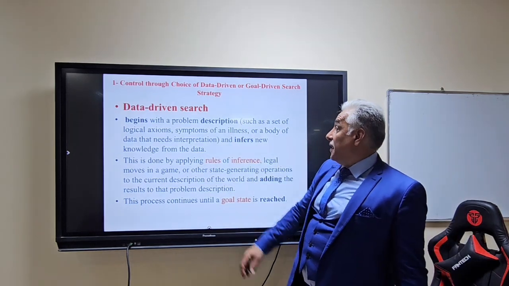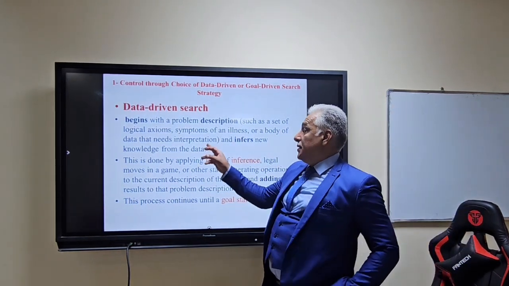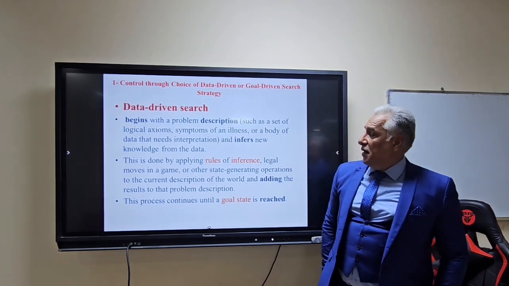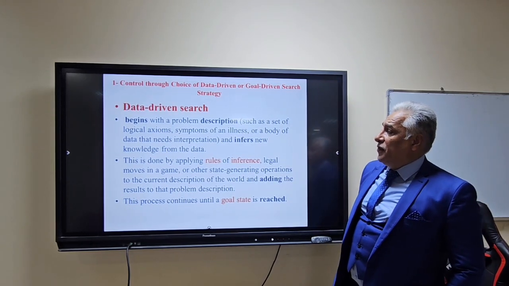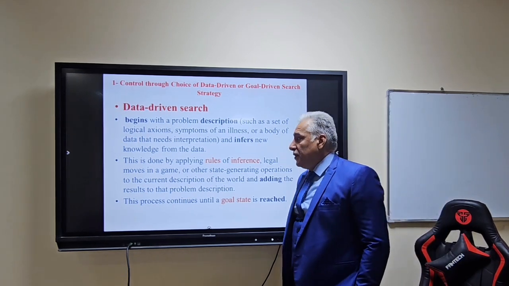Beginning with the problem description, such as a set of logical axioms, symptoms of an illness, or a body of data that needs interpretation, we infer new knowledge from the data.